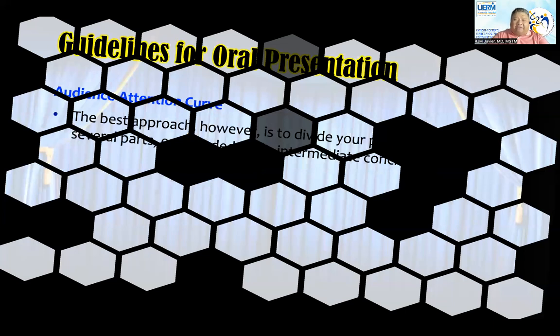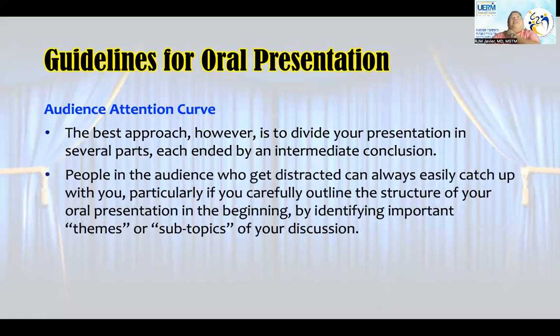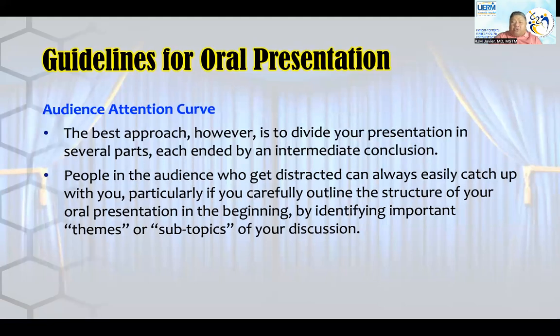Now, the best approach, however, is to provide your presentation in several parts, each ended by an intermediate conclusion. So when you are delivering, let's say, a 2-hour lecture on the natural history of diabetes, it's going to be a very long, comprehensive discussion. If you want to sustain the interest of the audience, you might want to develop subtopics or themes by breaking your entire lecture into smaller bits and pieces with intermediate conclusions.